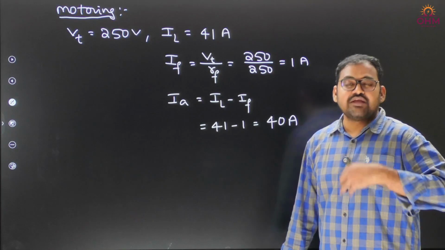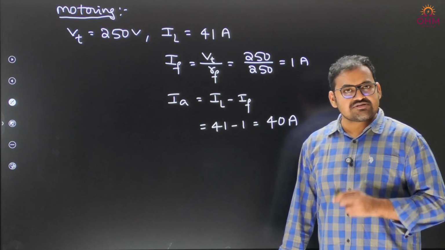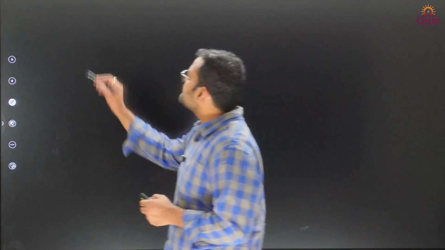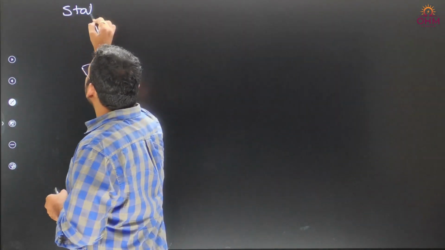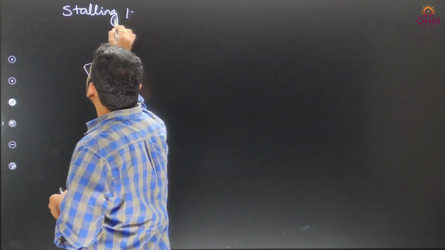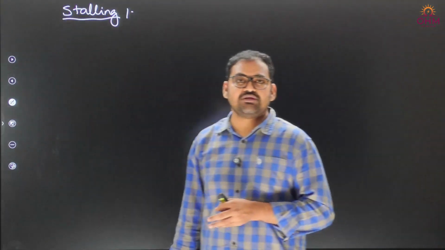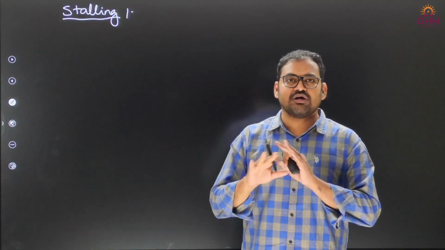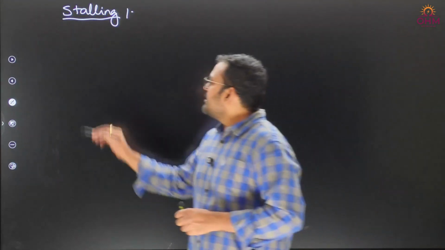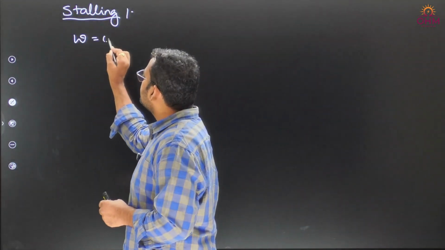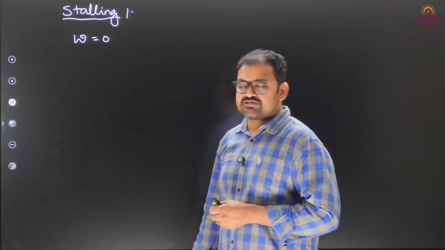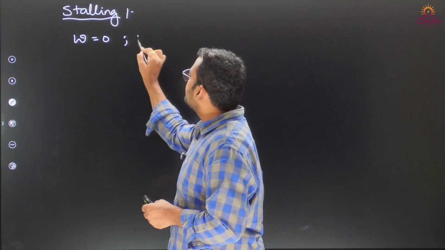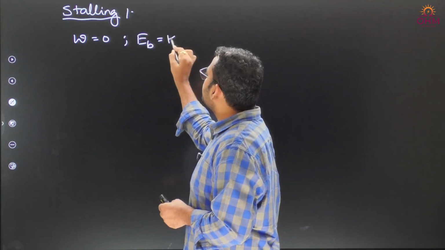Now I need to calculate the armature current in stalling mode also. What is meant by stalling mode? Stalling mode or breakdown condition, both are the same. Stalling condition means the position where the rotor stops rotating. If the rotor stops rotating, the speed is equal to 0, and then the back EMF will also be 0.